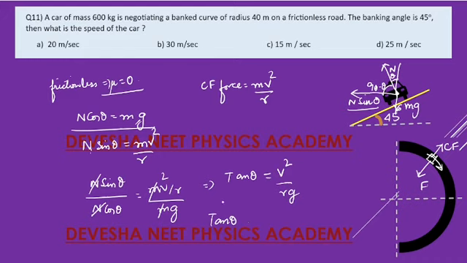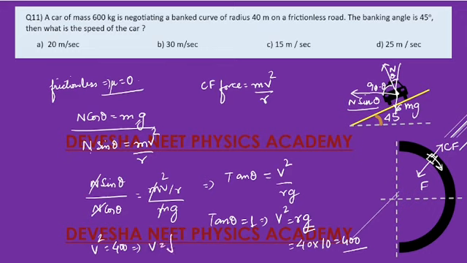This angle is 45 degrees, so tan theta is equal to 1. It means v square is equal to rg. The radius is given to be 40 meters, and g is 10 normally, so this is 400. So v square is equal to 400, so v is equal to root of 400, which is 20 meters per second. So this is the answer.